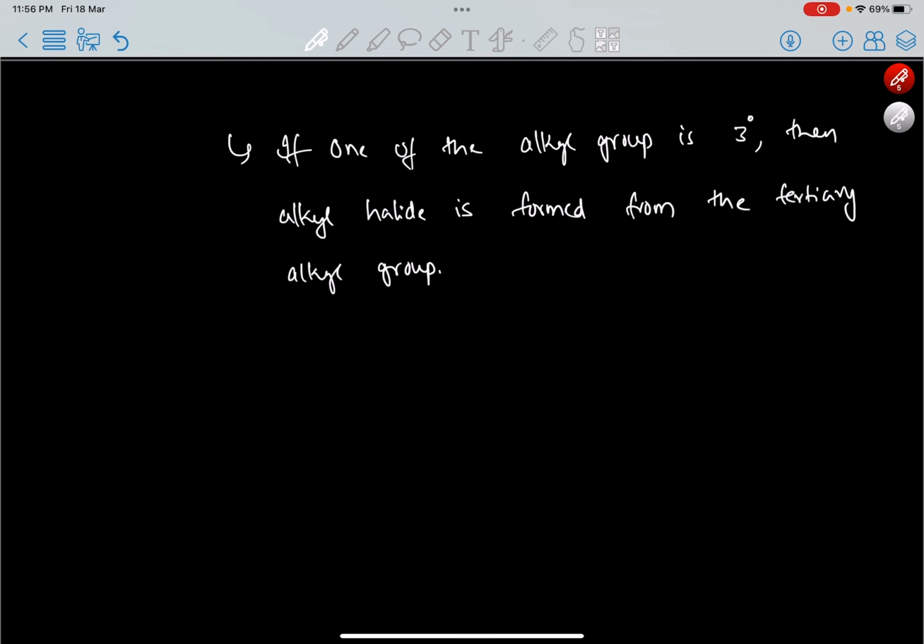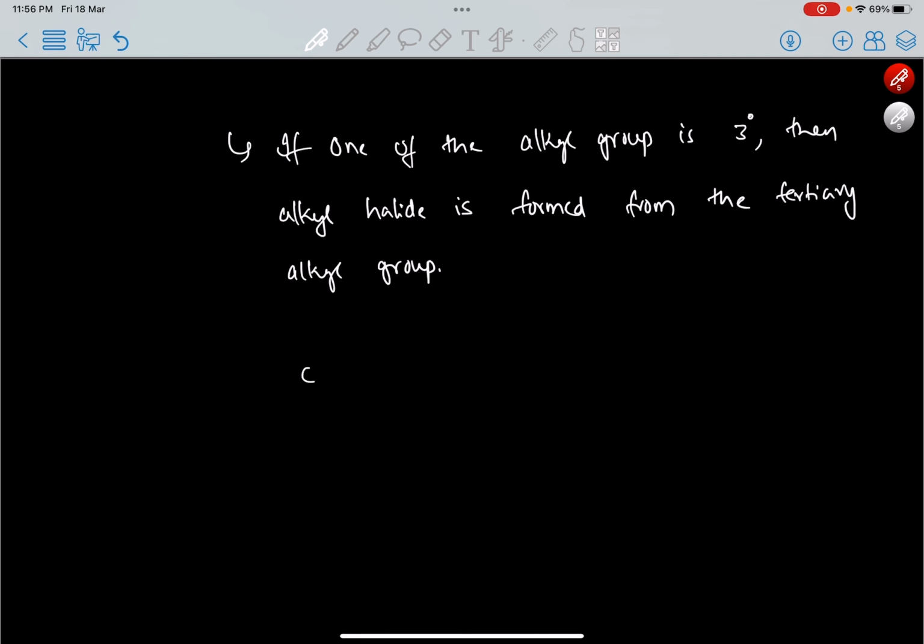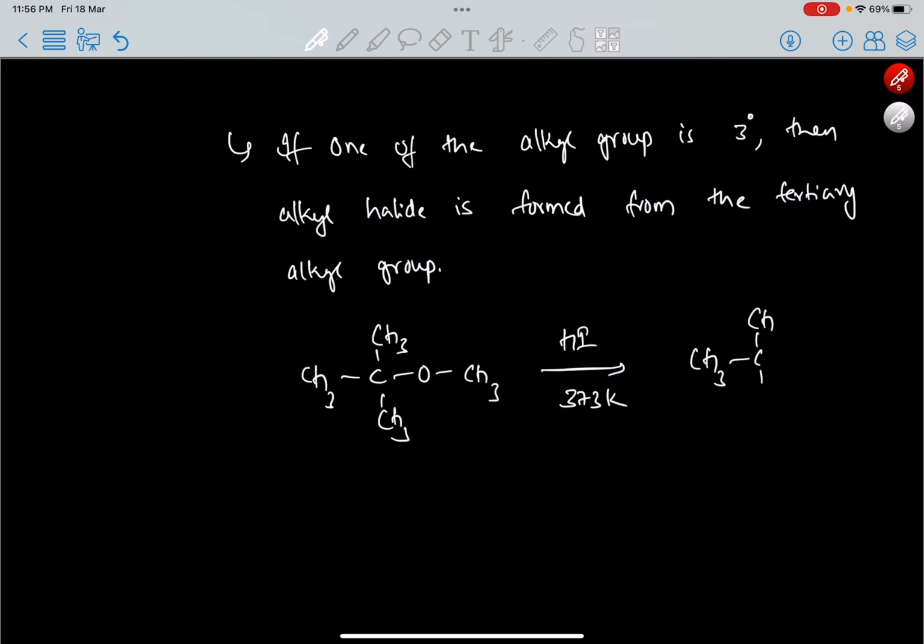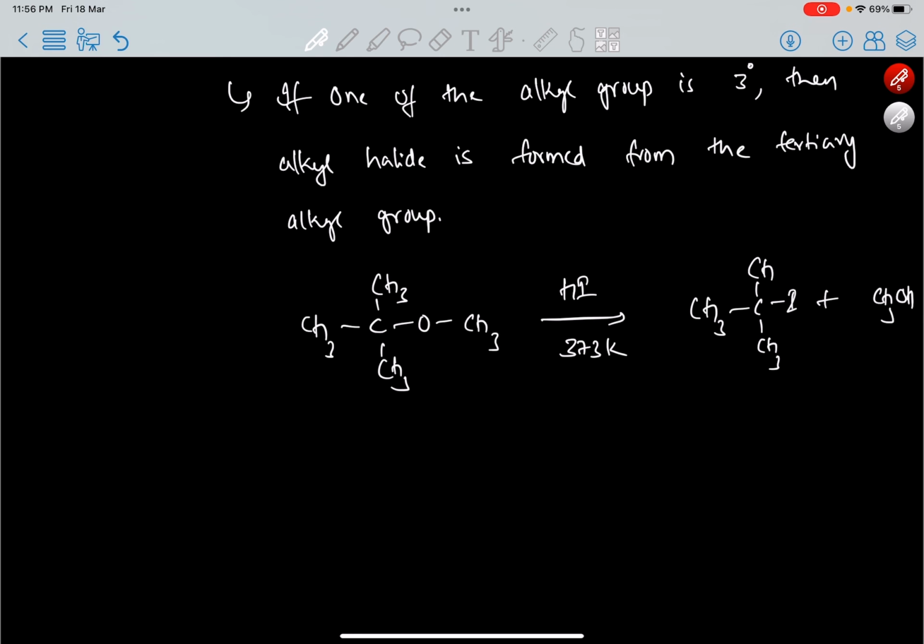For example, if I take this tertiary ether and add HI at 373 Kelvin, I have tertiary alkyl halide along with methanol. So always remember, if we have a tertiary alkyl chain, then tertiary alkyl halide will be formed from the ether in the presence of halogen acid.